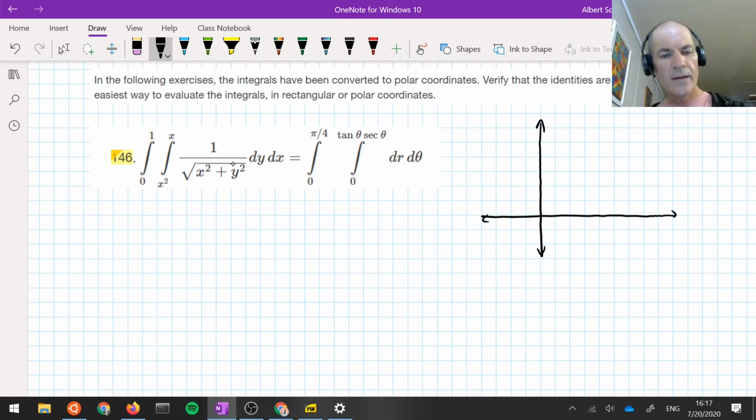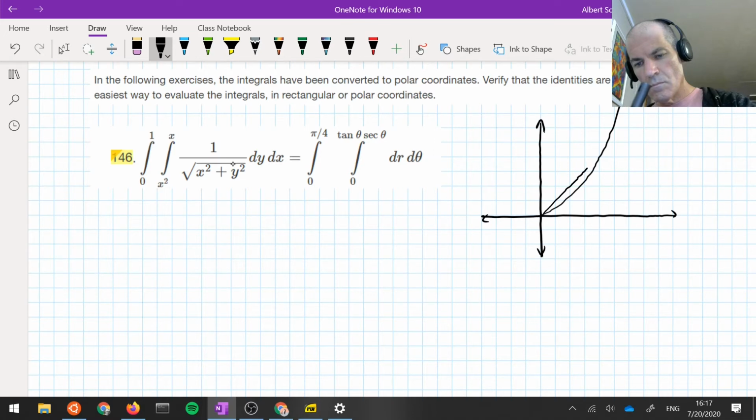Here we have y going from x squared to x, so we want to plot the function y equals x squared, which is this parabola, and then the function y equals x, like that.